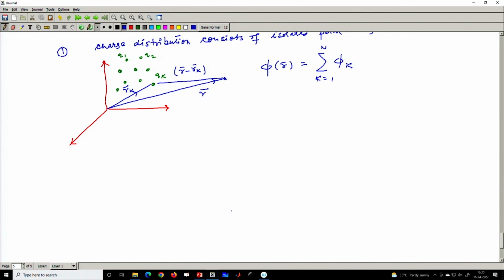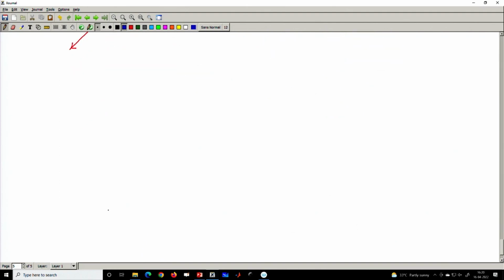So, if I write it, it is simply 1 by 4 pi epsilon 0 and then summation of Qk divided by the magnitude of R minus Rk, and that is all. For each charged particle we have the potential here, and if you simply add these, we are going to get the total potential at that point. This is for discrete charge distribution.